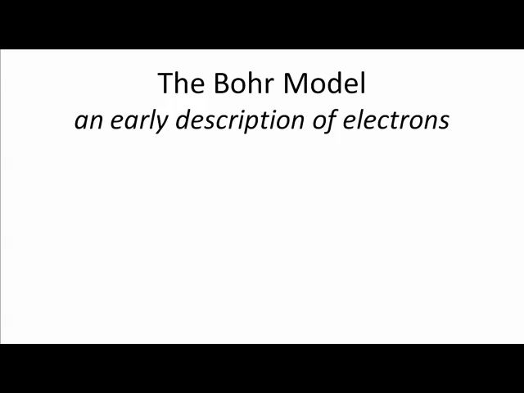So the first real description of the electrons was the Bohr model. Anyone remember what the Bohr model was like? It's also called the planetary model. Bohr's model was that the electrons followed a specific path.